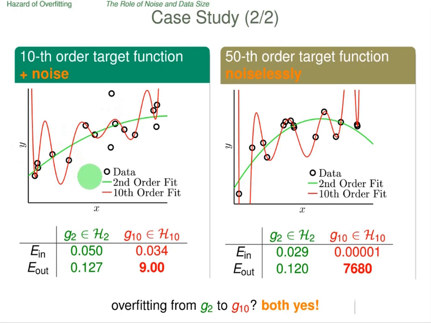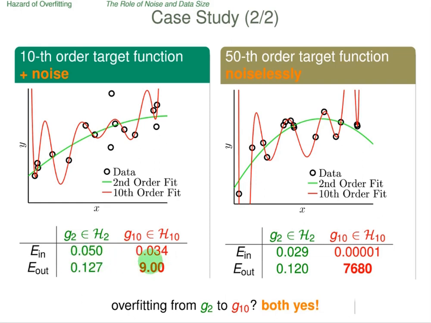First, let's take a look at the performance of second and 10th order polynomials as shown on the left side here, in terms of in-sample error and out-of-sample error. Those fits are shown again in orange and red. We notice that the in-sample error for the second order polynomial is quite low, 0.05. However, the 10th order polynomial achieves a better in-sample error, which is 0.034, much smaller than the second order.